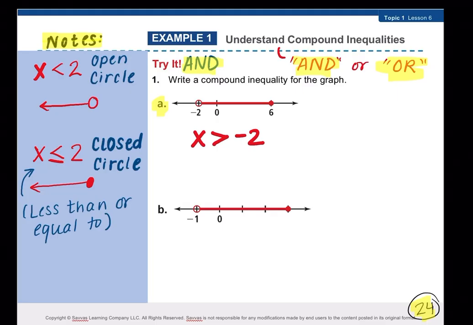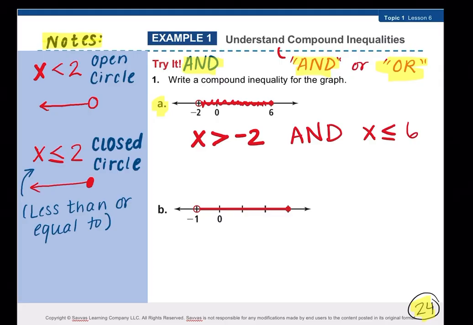So because it's shaded to the right of -2, I see that x has to be greater than -2. But I also see that x also has to be less than or equal to +6. Why? Because I see a closed circle at 6 and it's shaded to the left, all the numbers smaller. So x also has to be less than or equal to +6.